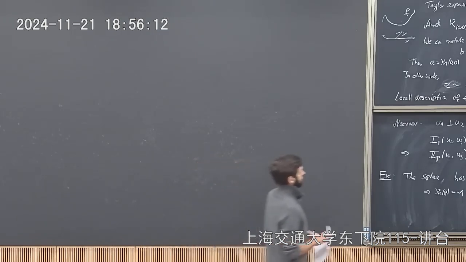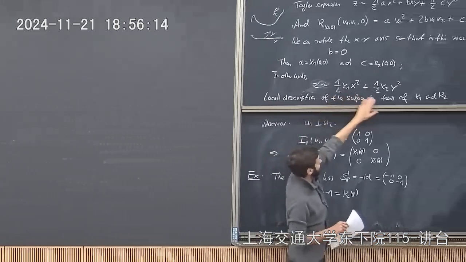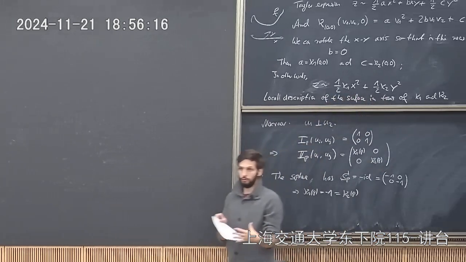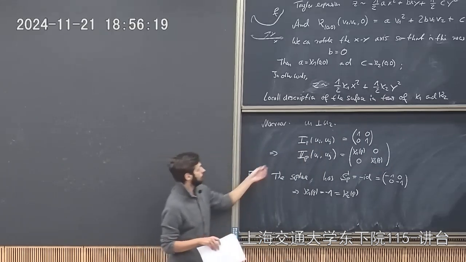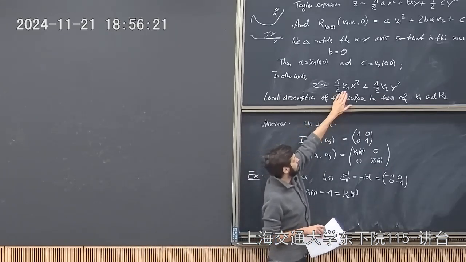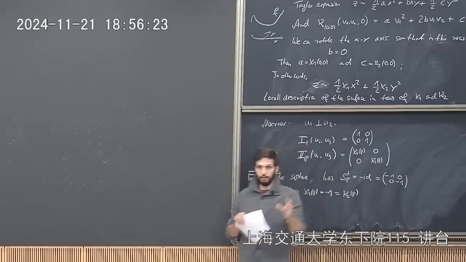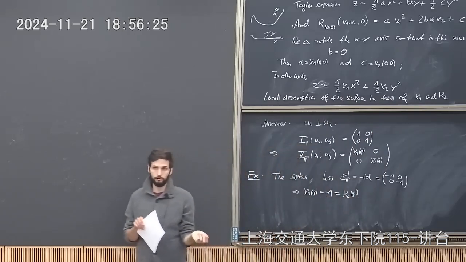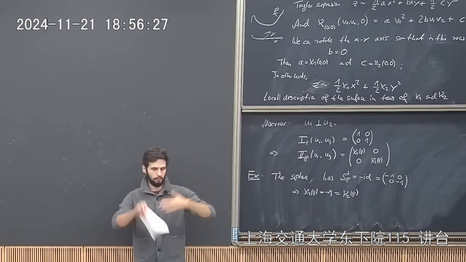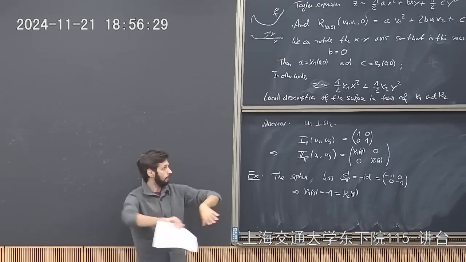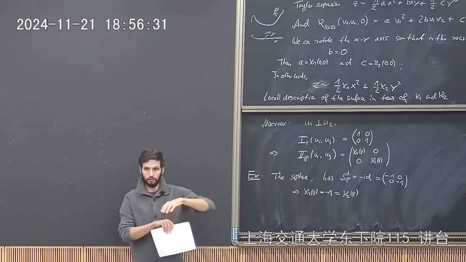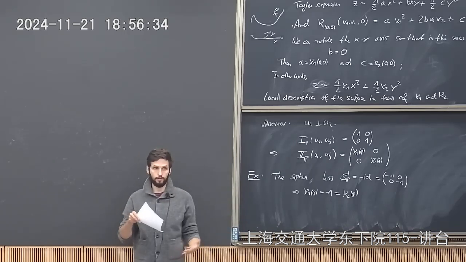And if you have an expression like that, then of course this local behavior of the surface depends very much on what happens to kappa 1 and kappa 2. If both of them are positive, then you get a valley in some way. If one of them is positive and the other one negative, you get a saddle point.